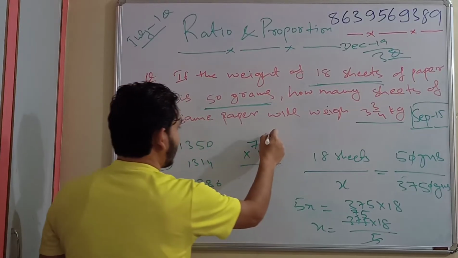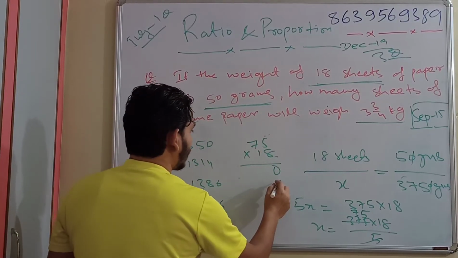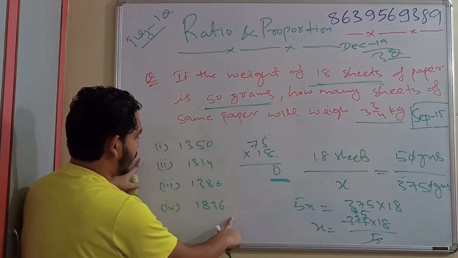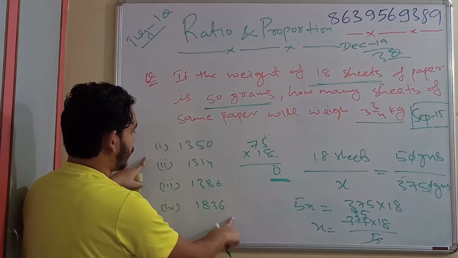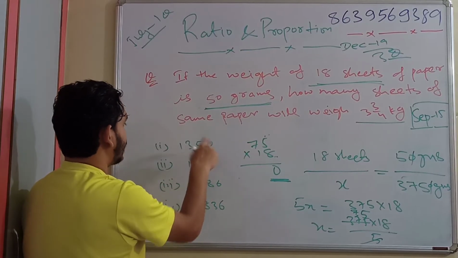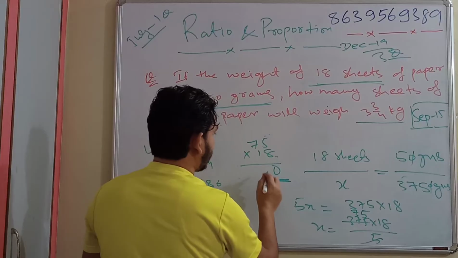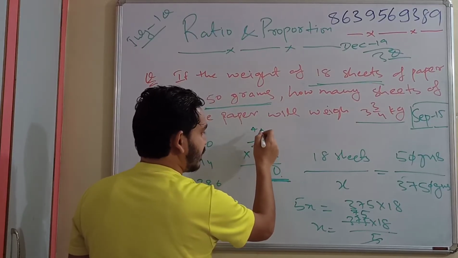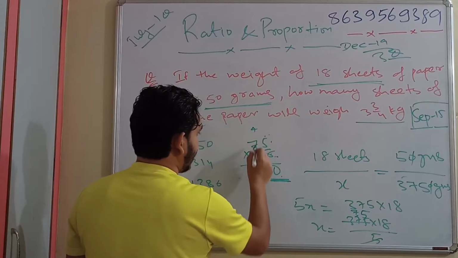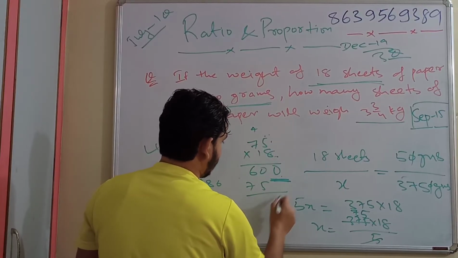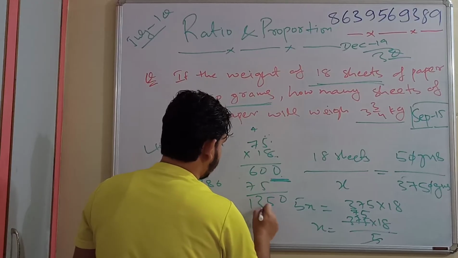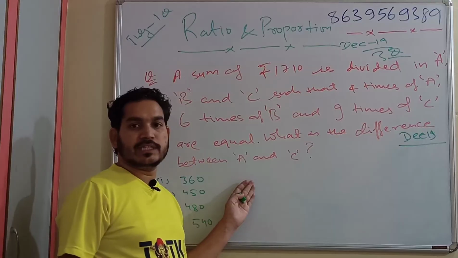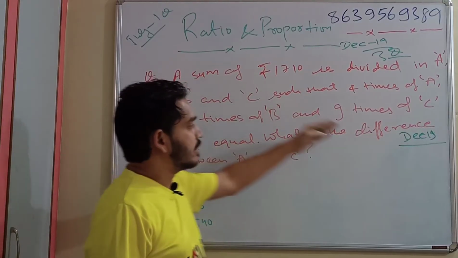Now if we multiply 8 fives are 40, our unit digit will be 0. We see that only one option has 0 in the unit place, so that option will be correct. Let's calculate it. 8 fives are 40, carry 4, 8 sevens are 56 plus 4, 60. Now 75 into 1 is 75, and the answer is 1350.